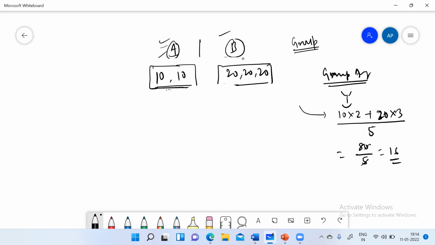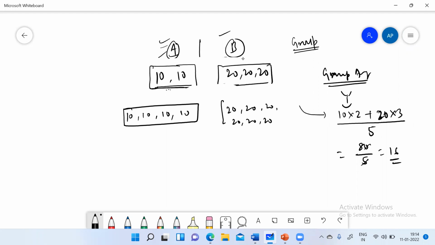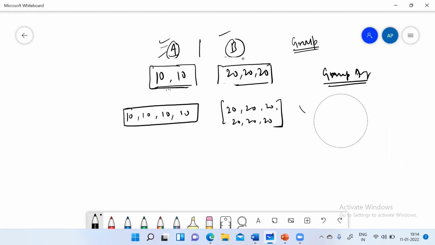If A has 4 members whose average is 10, and B has 6 members whose average is 20, what will the group average be again? If we do it mathematically, it will again be 10 into 4 plus 20 into 6 divided by 10, so it is 16. So there are two things I would like to point out here.